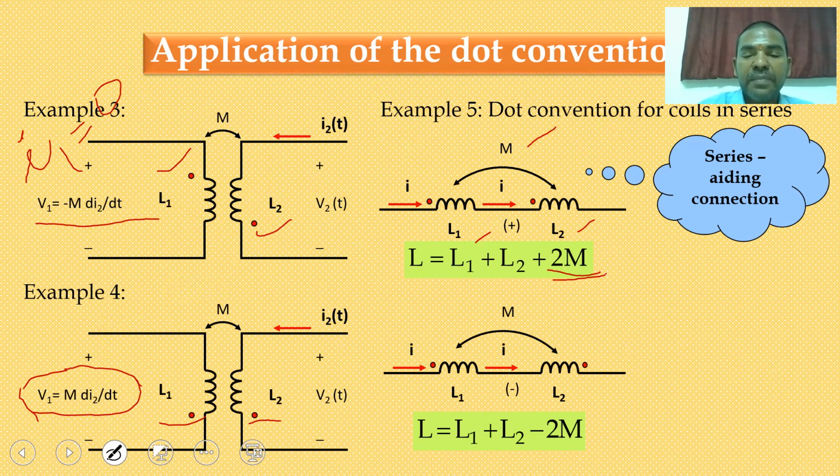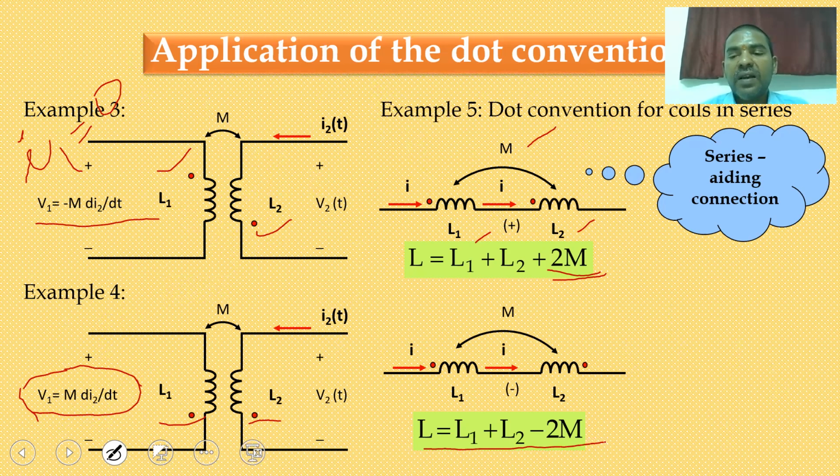Once again you get minus M due to the second coil with respect to the first current. Finally you get minus 2M. So overall L is equal to L1 plus L2 minus 2M.